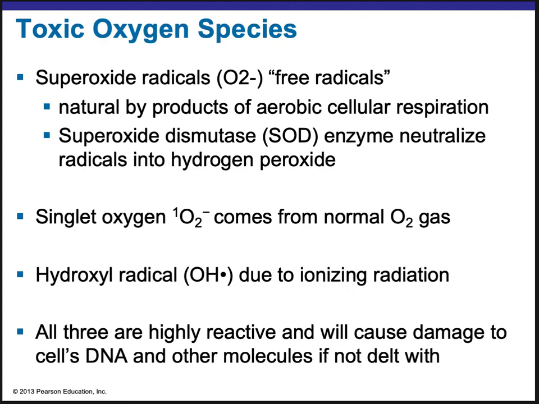So you can have some of these free radicals not get dealt with immediately, and because all of the free radicals are highly reactive, as soon as they come into contact with a molecule, it's going to donate that extra electron, and that's going to disturb that molecule and make it reactive, and then it's going to do the same thing to the next molecule it contacts, and so it acts like a chain reaction.